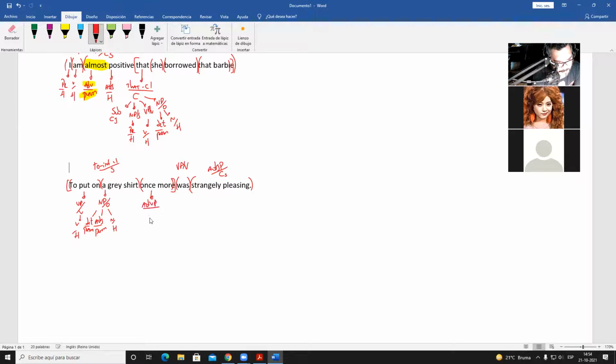Adverb phrase, adverbial, con dos adverbs. And then strangely pleasing, aquí obviamente es just a verb head y strangely pleasing adverb premodifier and pleasing adjective head, and that's it, no more.